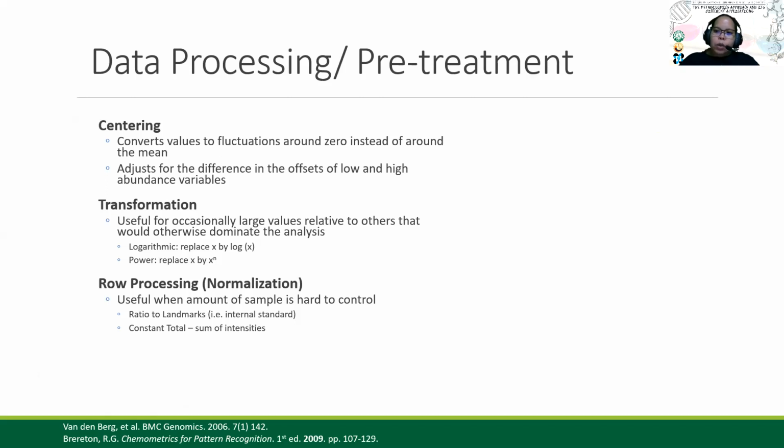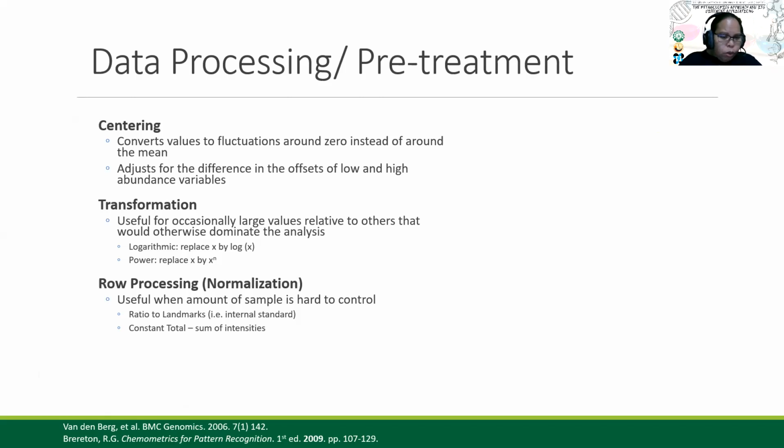And this will be looking at, for example, if you have slight changes in the mass that is used per sample, then you can also normalize per sample based on the mass or based on total composition of the sample in order to compensate for those slight differences in mass or in composition.